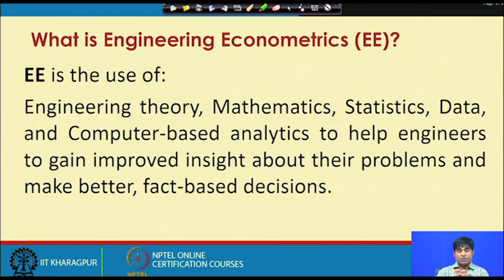Engineering econometrics technically is the use of engineering theory, mathematics, statistics, data, software or some kind of computer-based analytics to help engineers gain improved insight about their problems and make better, fact-based observations or decisions. This is the whole concept, or the literal meaning, of engineering econometrics.